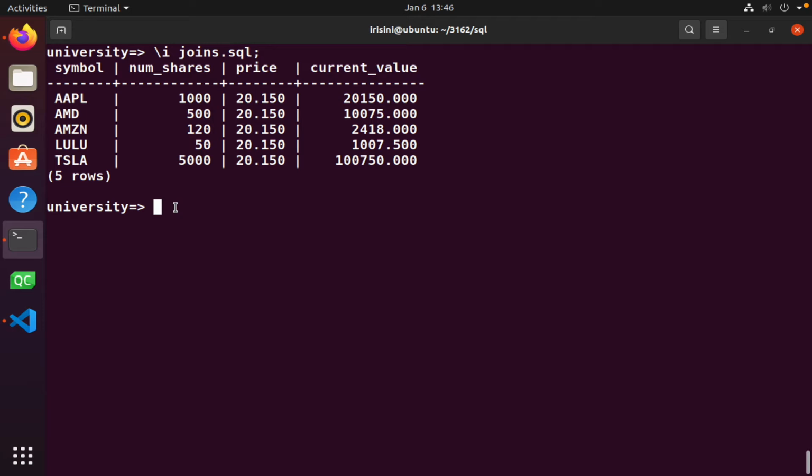So if I want to see any symbol that does not have a price as yet, then I use an outer join. Now there are three types of outer join. There is a left outer join, there's a right outer join, and there's a full outer join.